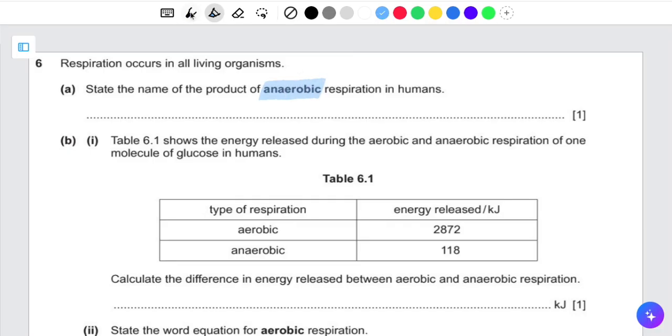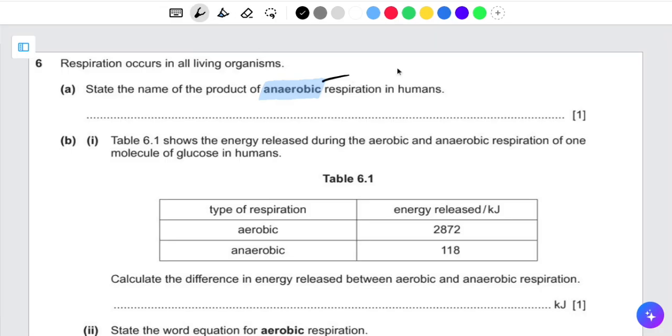So what is anaerobic? Anaerobic takes place in the absence of oxygen. So absence of oxygen, that is when anaerobic respiration is going to occur. If there is no oxygen, for the body to produce energy, lactic acid is going to be produced.